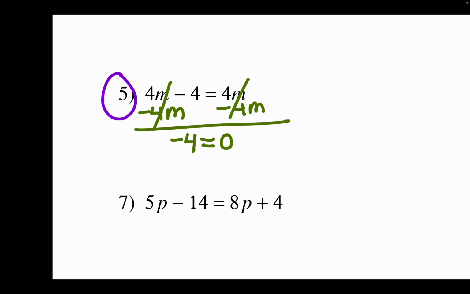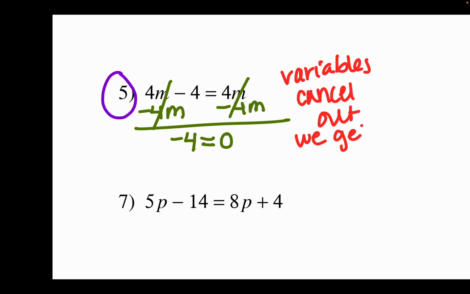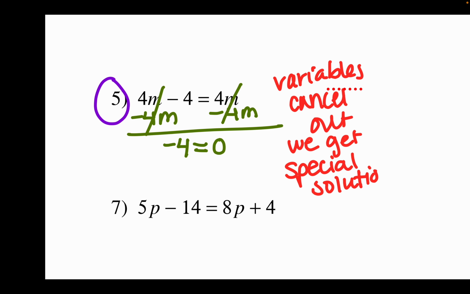So what do we have? We have -4 equals 0. Our variables canceled out. So when you have your variables cancel out, we get a special solution.